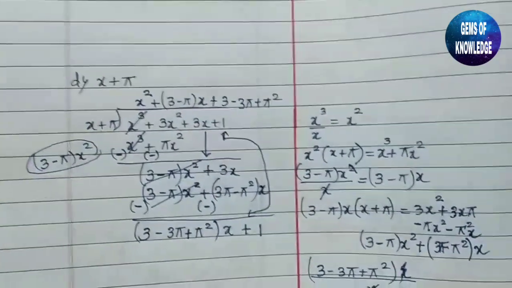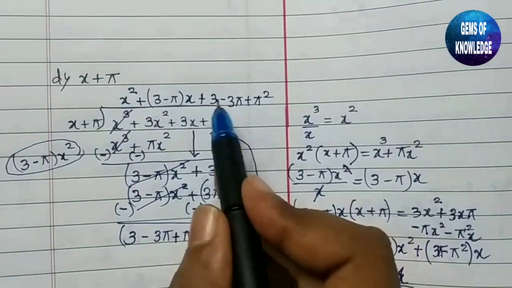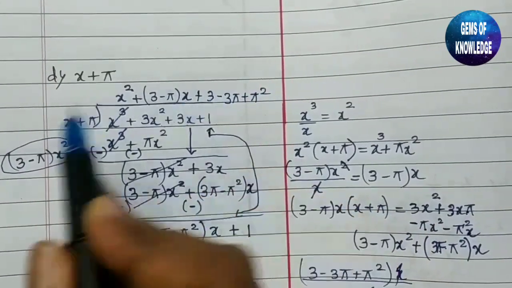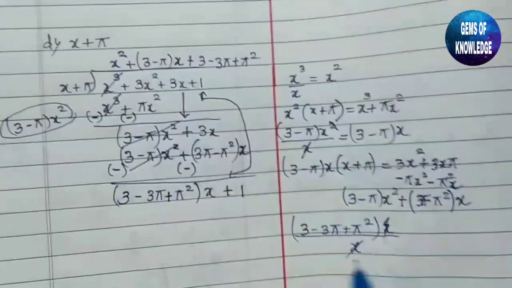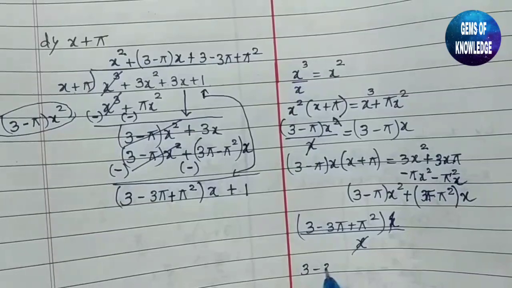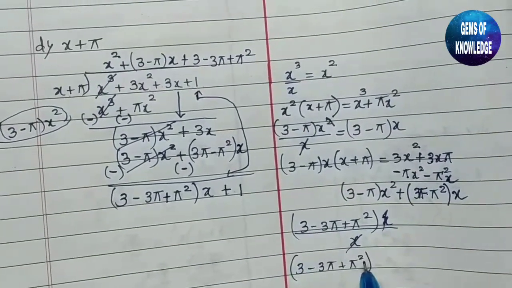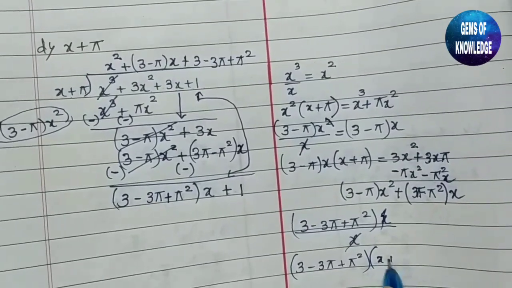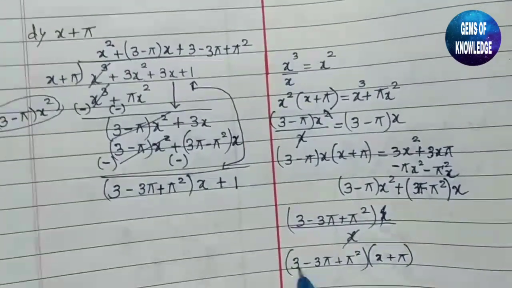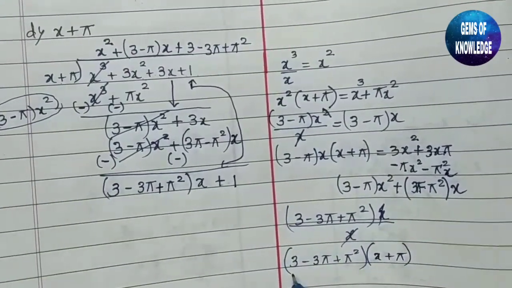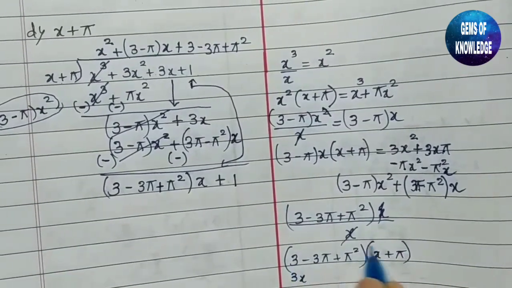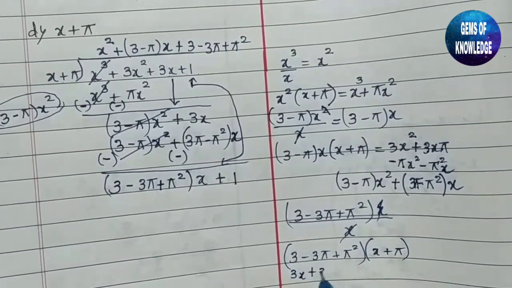Okay, so here you can see this whole term must be again divided with this whole term. So that is 3 minus 3 pi plus pi square must be again divided by x plus pi. So we are getting 3 into x, we are getting 3x. Again 3 into pi, we are getting plus 3 pi.